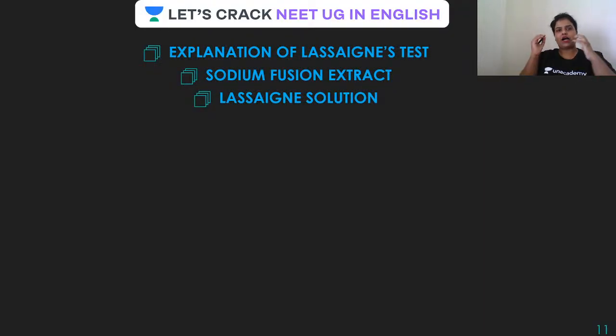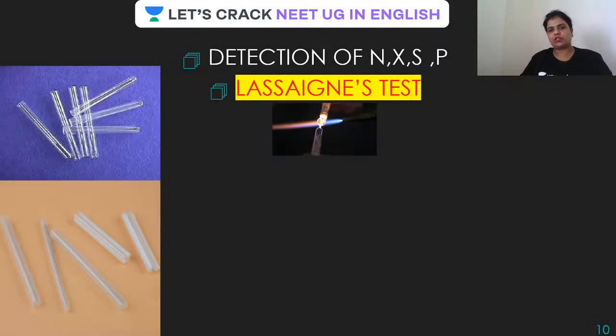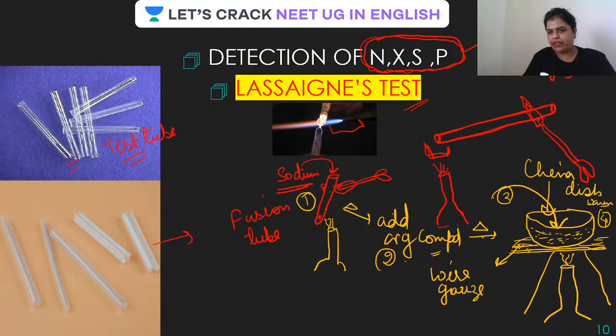So, all your eyes on the screen now. Let us see the explanation part of Lassaigne's extract, Lassaigne's test, and sodium fusion extract. Whatever you have prepared here, we warm it to ensure its complete dissolution.